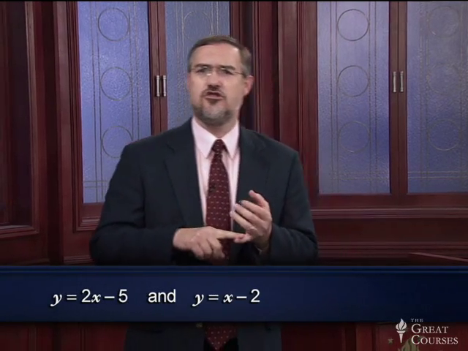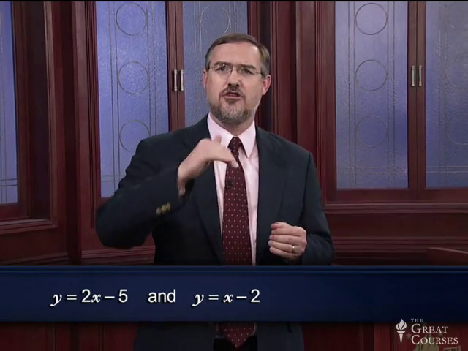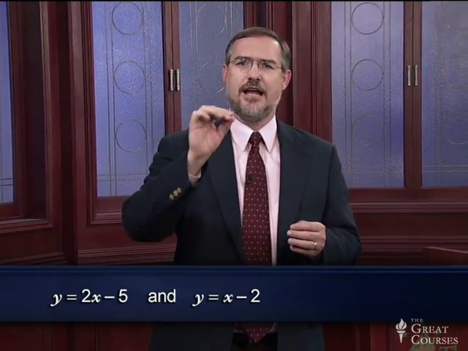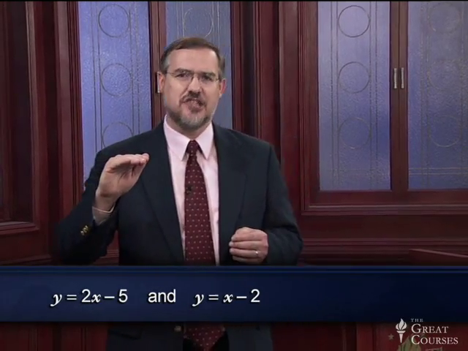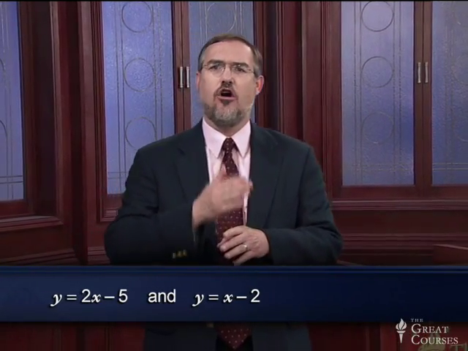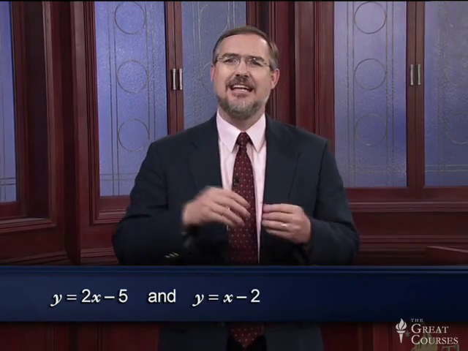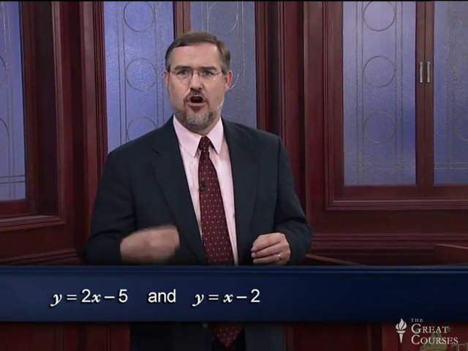Well, the solution needs to be a point on each of the two lines. Remember, that point has to satisfy the first equation and it has to satisfy the second equation. So it has to be on both of the lines, and it needs to be the same point on both lines. Just like one car and the same car had to satisfy all the different criteria.